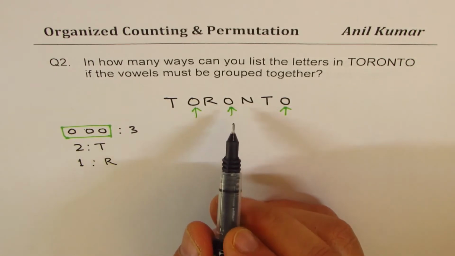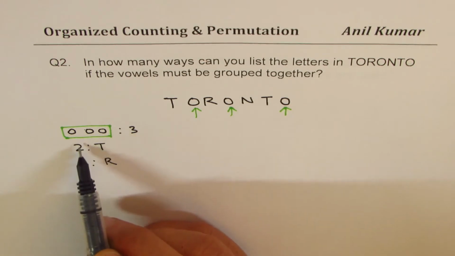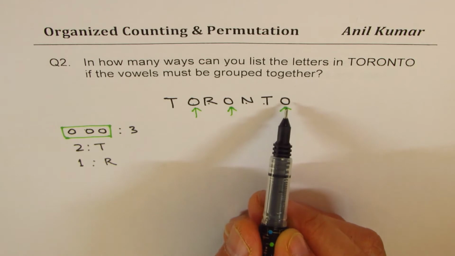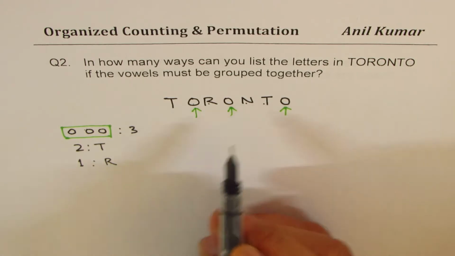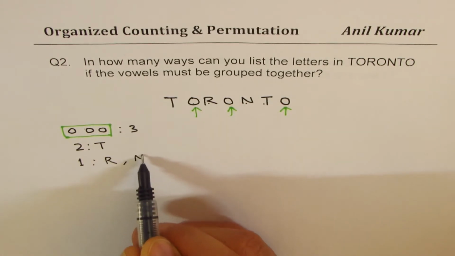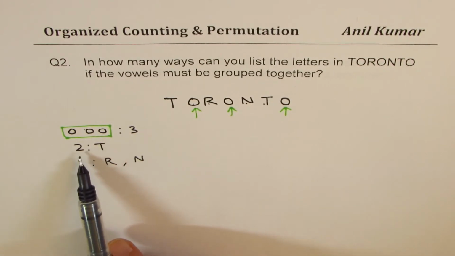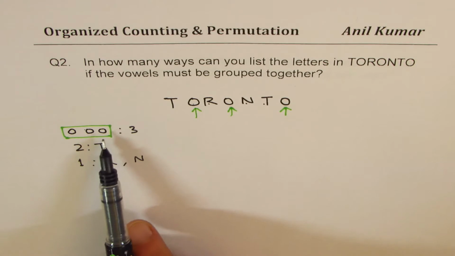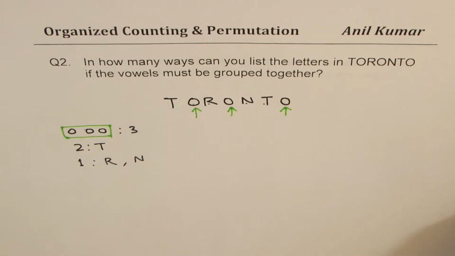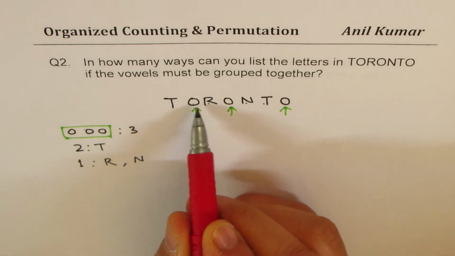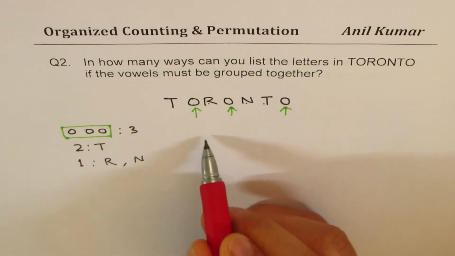We have 1, 2, 3, 4, 5, 6, 7 here. So we have missed what? N we missed. So we have single N, single R, 2 T's and 3 O's. When you combine them and you want all the letters to be there, what do we get? We go 1, 2, 3, 4, 5, 6, 7 positions.